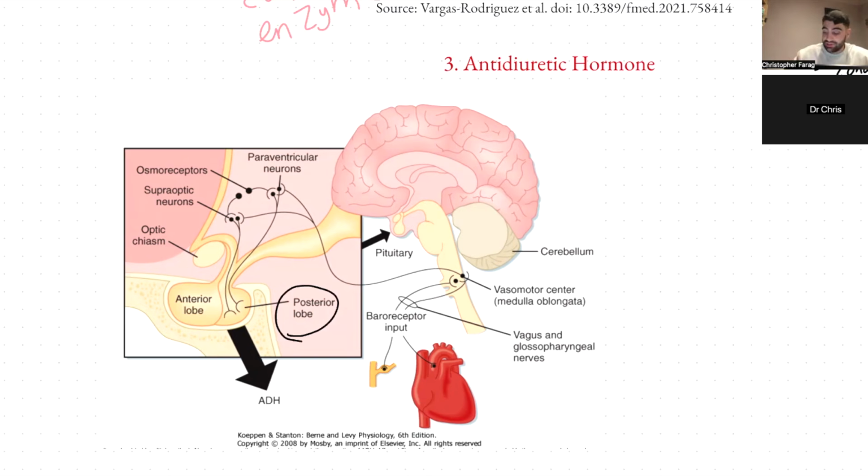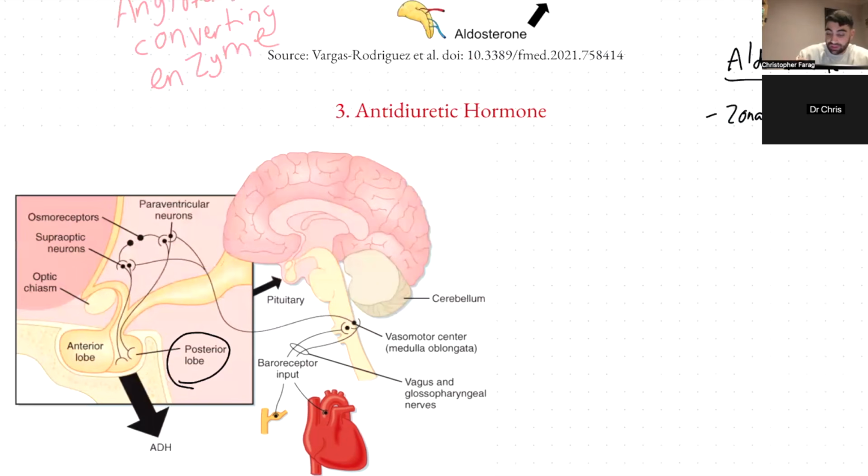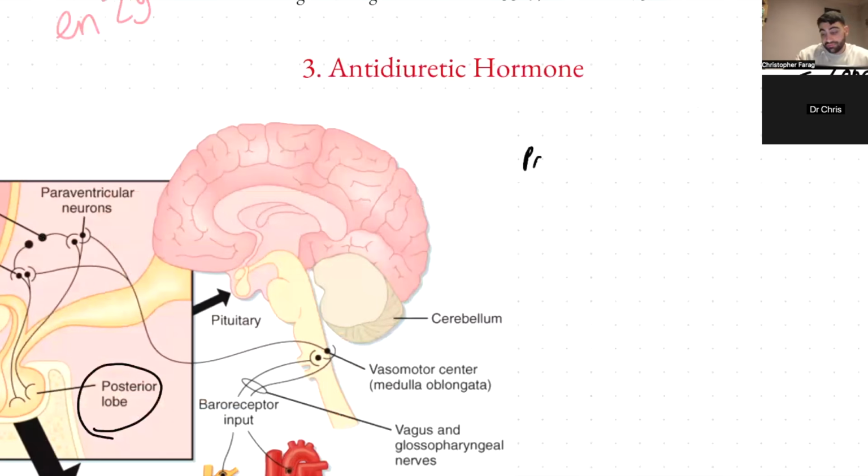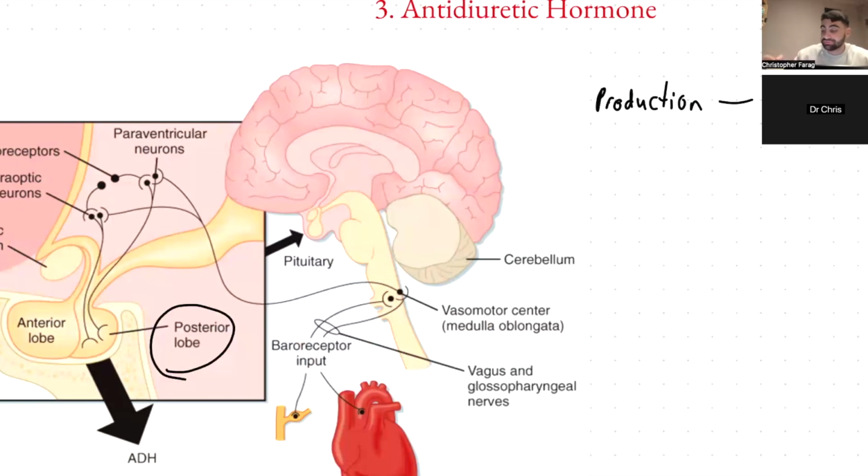Now, antidiuretic hormone can be produced in a couple of ways. One being from angiotensin 2. The angiotensin 2 can act on the posterior pituitary to cause antidiuretic hormone to be released. And we're going to mention in a second what it actually does.